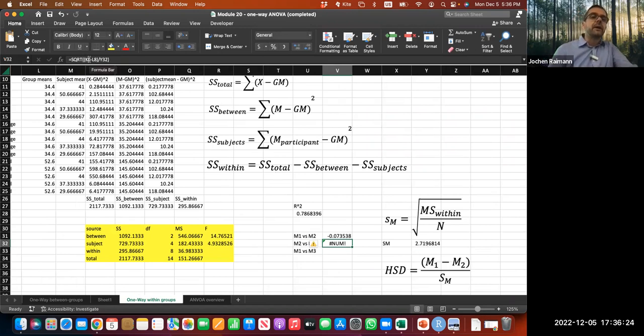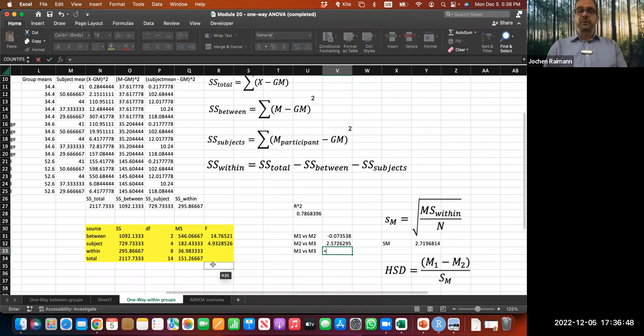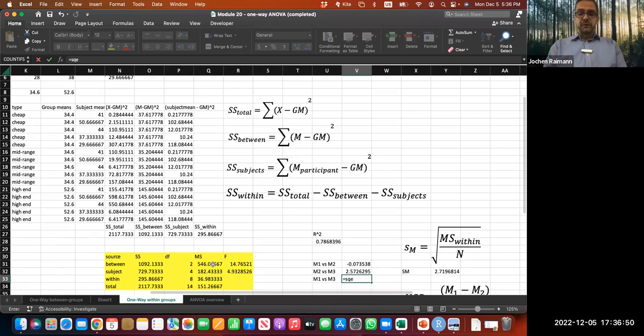So whenever you have something in a square root, you always got to make sure that it's positive. There's no square root of a negative number, as you know. So if you subtract a larger number from a smaller number, you get a negative value. If you have that in the square root, it's going to give you a hiccup. So that was what happened to me. So now you have SQRT.